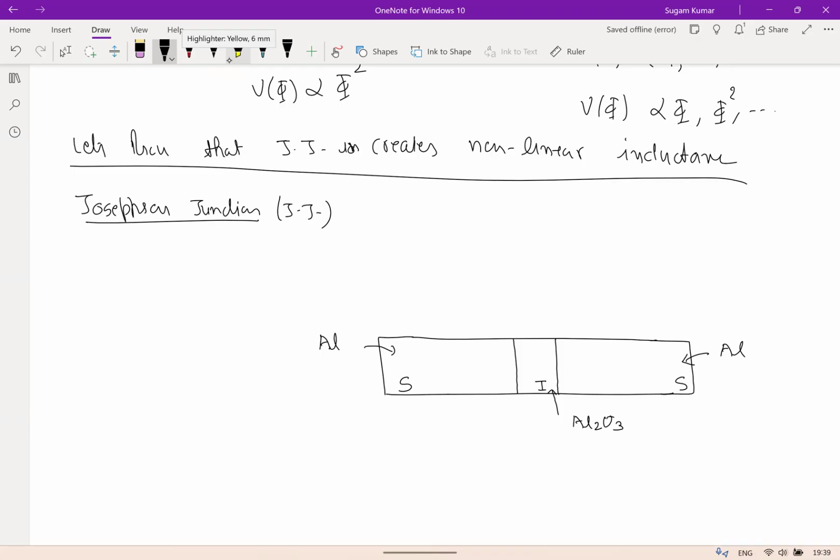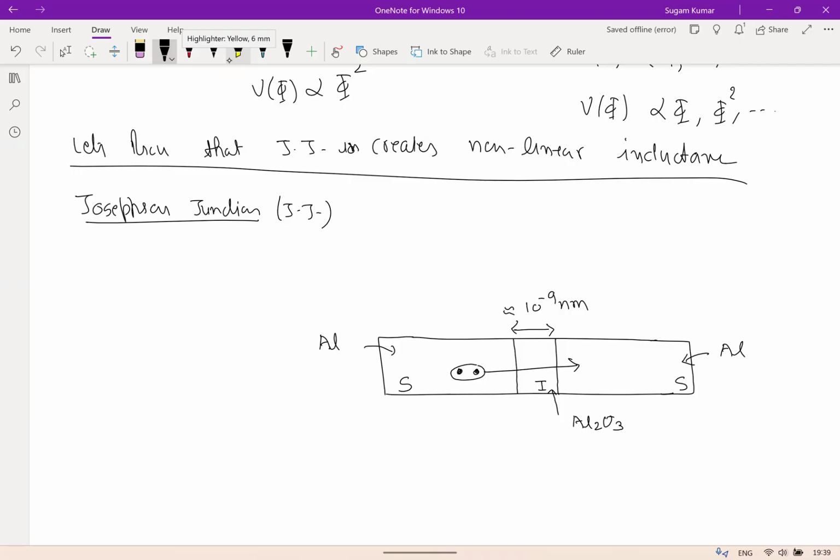So what happens is that Josephson came out with a theory, and he said that when you make a sandwich, and if the thickness of this insulator is of the order of nanometers, then the Cooper pairs from one region can tunnel into the second region.